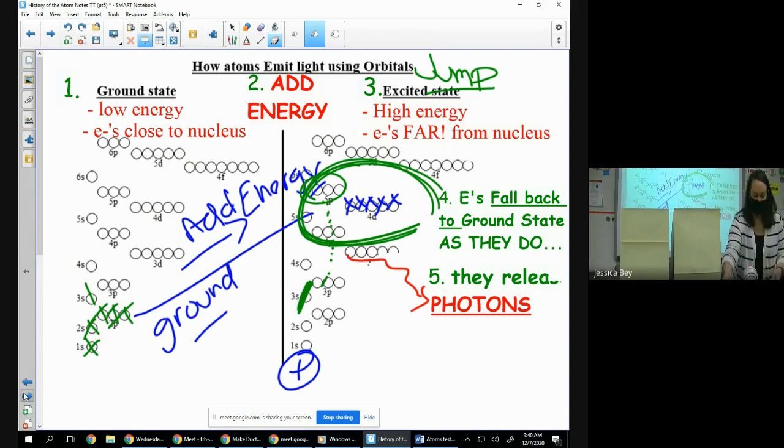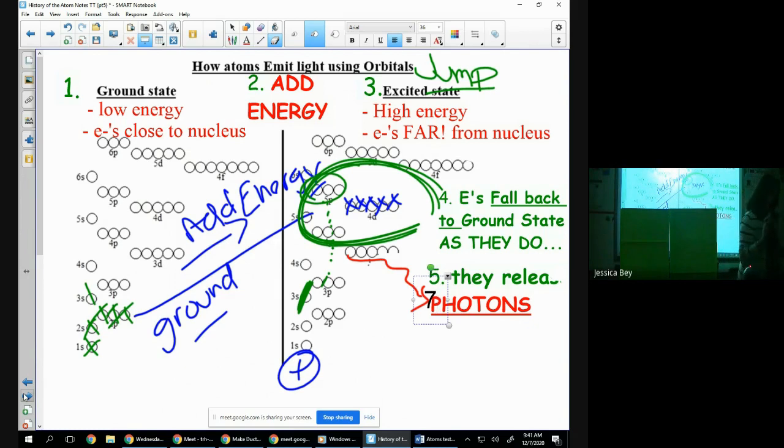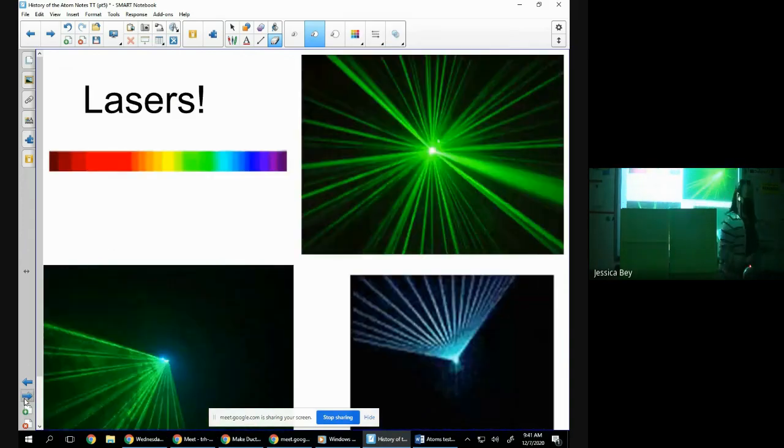I have some laser pointers here, and this is called phosphorescent paper. So what I'm going to try to do is see if we can. All right, turn this off. Mr. DeChant, will you turn the lights off for me? All right. So we're talking about lasers.